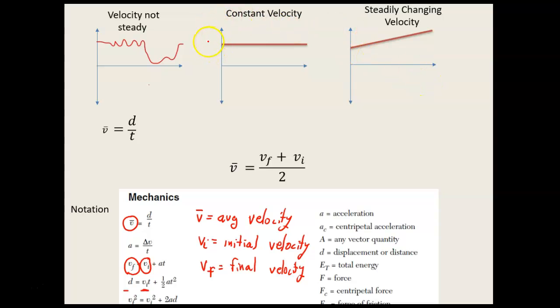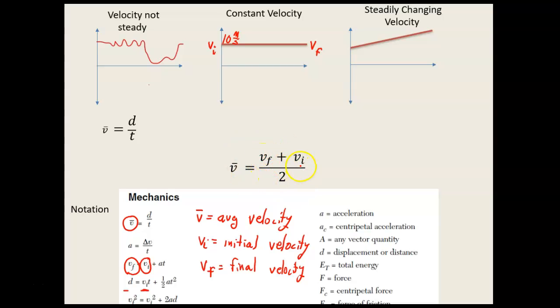Okay, so here it would be appropriate to consider an initial velocity and a final velocity. They're the same thing. It's a constant velocity. But let's say my velocity here was 10 meters per second. I have a constant velocity of 10 meters per second. Well, I could say at the beginning, my initial velocity was 10 meters per second. At the end, my final velocity was 10 meters per second. And I could use this formula for average velocity.